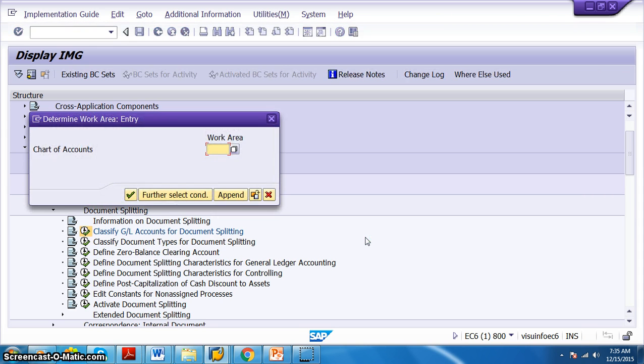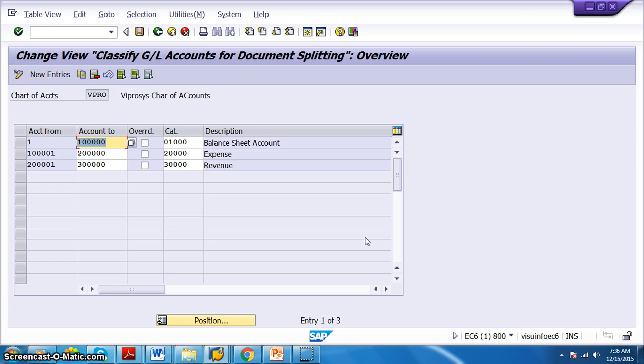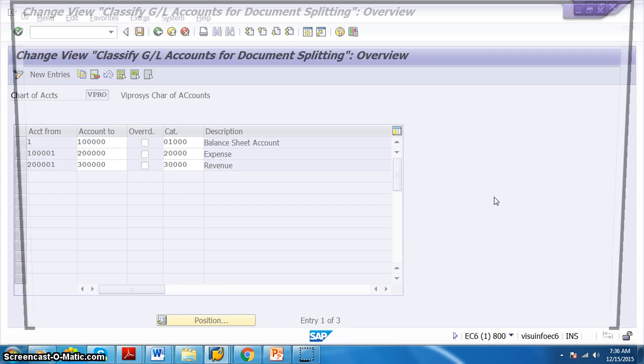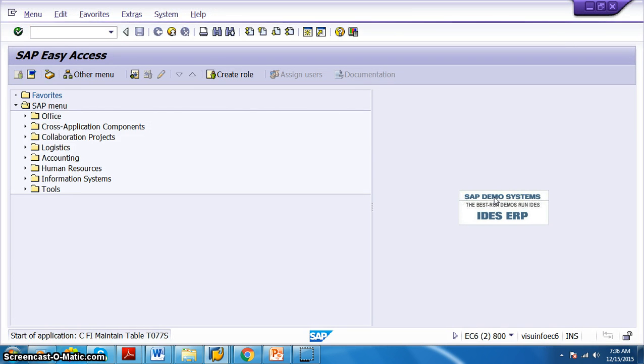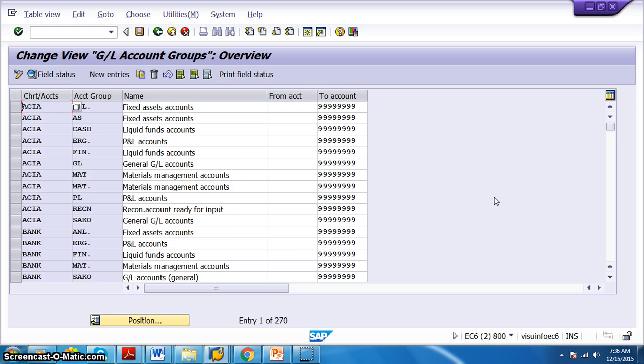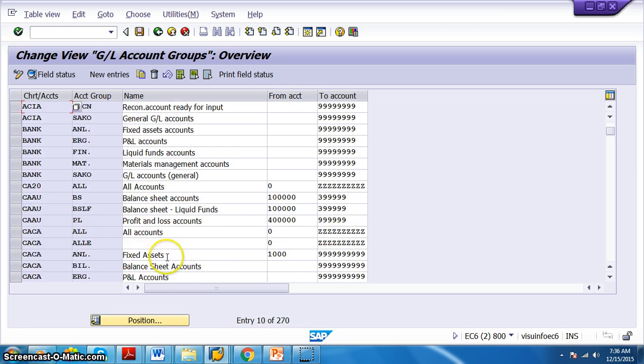Now here we are going to segregate the account numbers. What are all the account numbers that we are going to use is what we are going to understand here. So these are the different accounts. Let's go ahead and check in the OBD4 transaction.